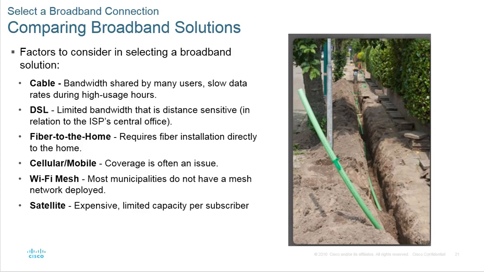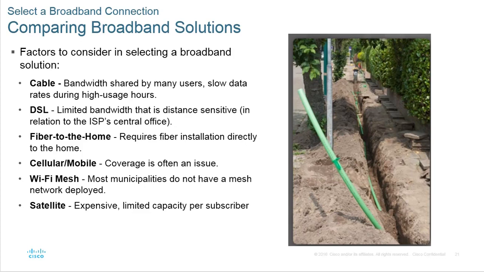This is a shared type of connection, so there are slow data rates during high usage hours. Another is the DSL, the digital subscriber line. This one is limited in bandwidth, and it's also distance sensitive in relation to the ISP central office.